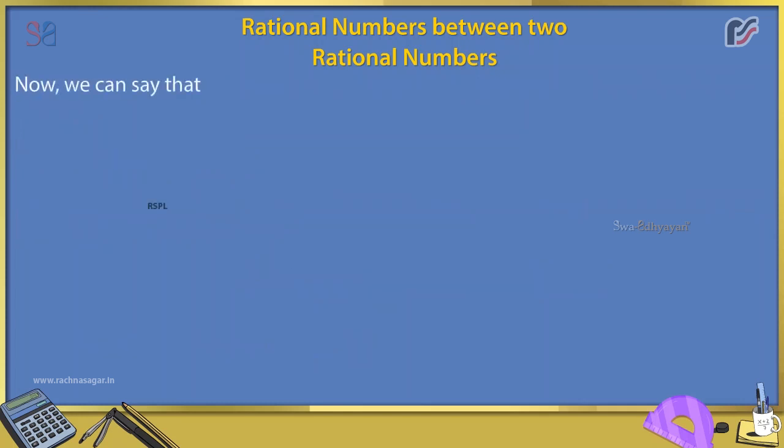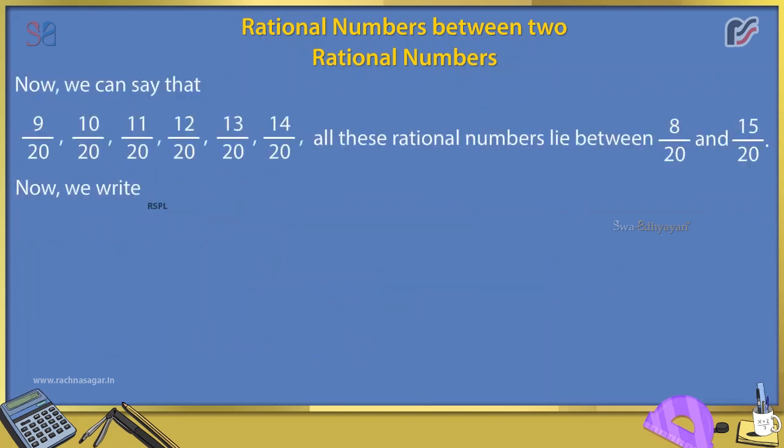Now, we can say that 9 by 20, 10 by 20, 11 by 20, 12 by 20, 13 by 20, 14 by 20, all these rational numbers lie between 8 by 20 and 15 by 20. Now we can write 8 by 20 is equal to 80 by 200 and 15 by 20 is equal to 150 by 200.